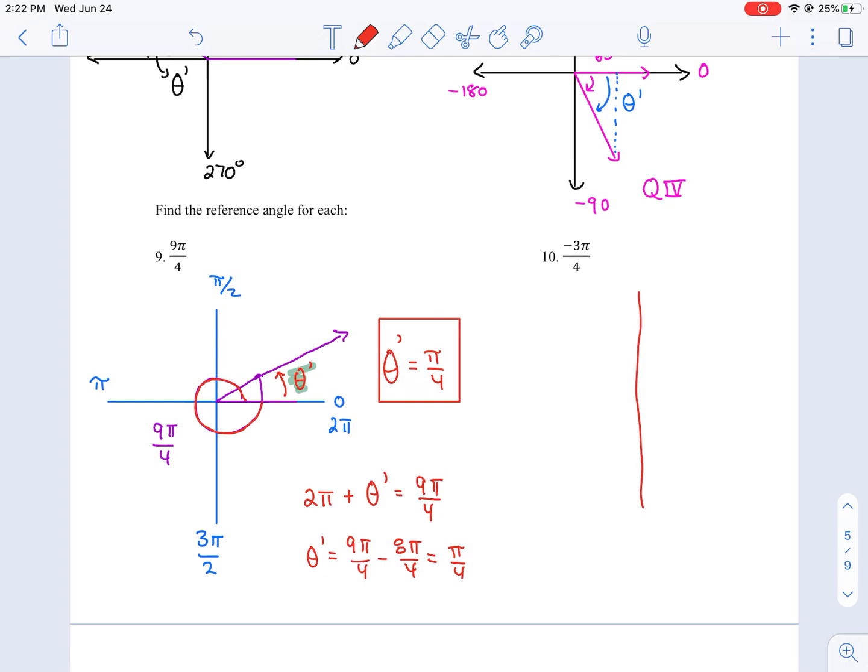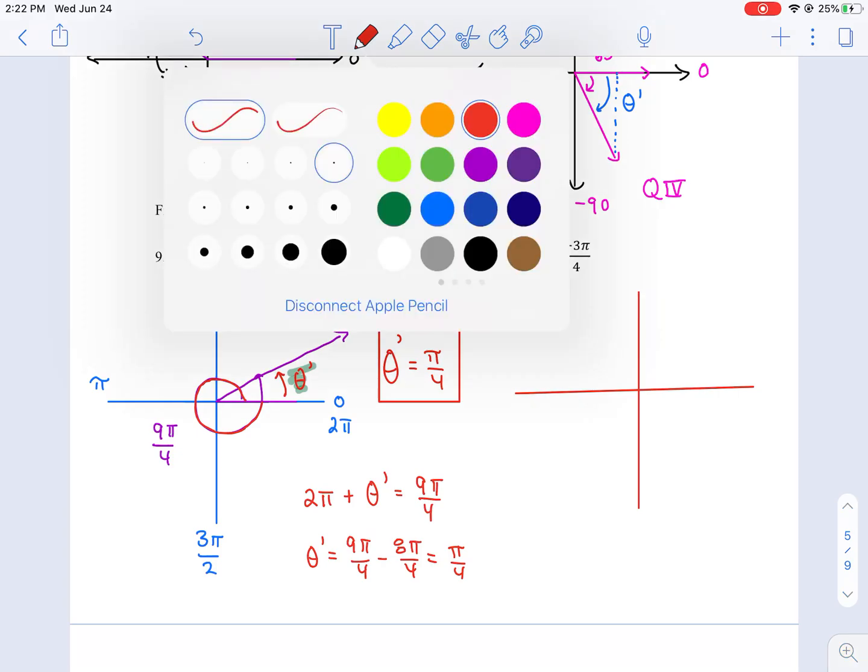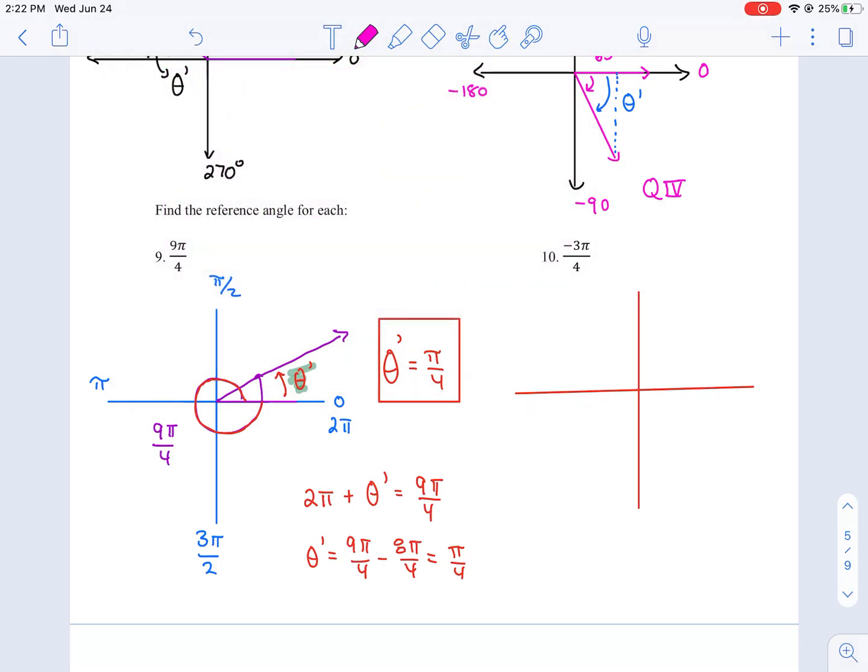And for the last example, again, we're going to draw the angle and we're going to label our axes going clockwise. And it looks like negative 3 pi fourths is going to be in quadrant 3.